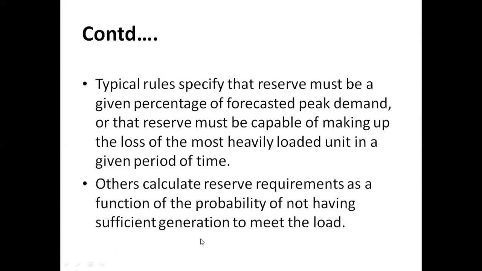So, based on the percentage of forecasted peak demand, we have to design how much reserve we require for loss of the unit, meaning the heavily loaded unit, for a given time period.